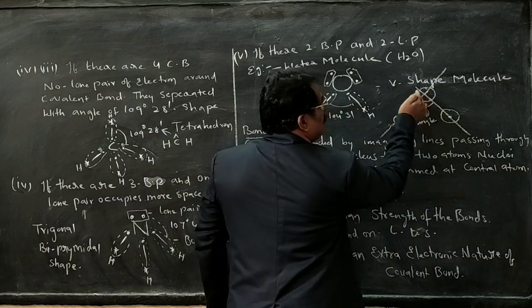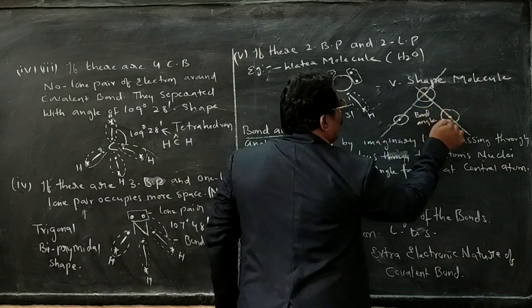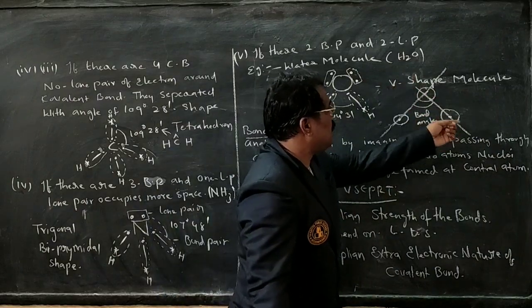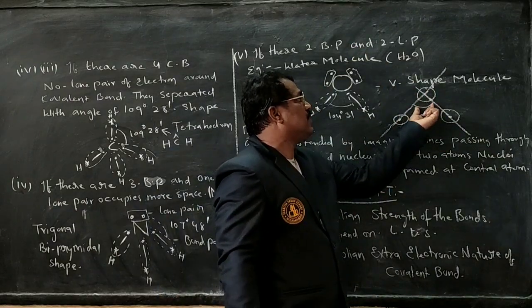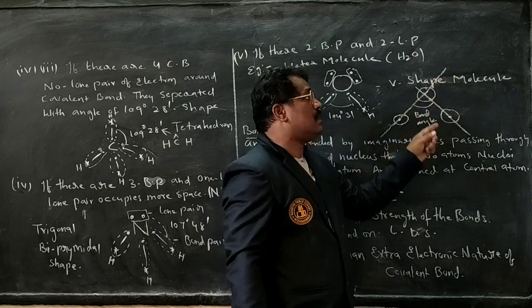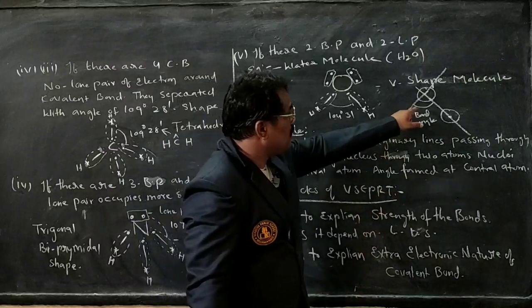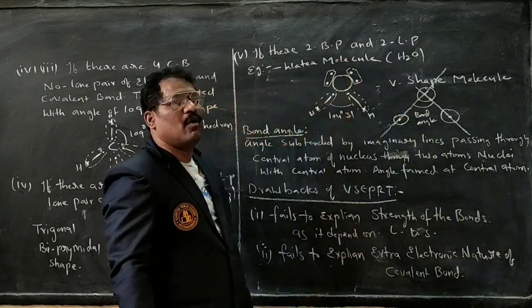As these 2 lines pass through the nuclei, an angle is formed by these 2 imaginary lines. That particular angle is called the bond angle.